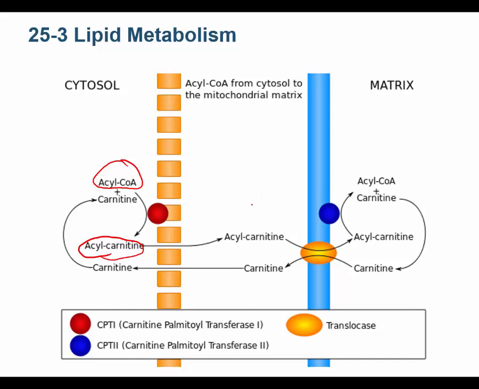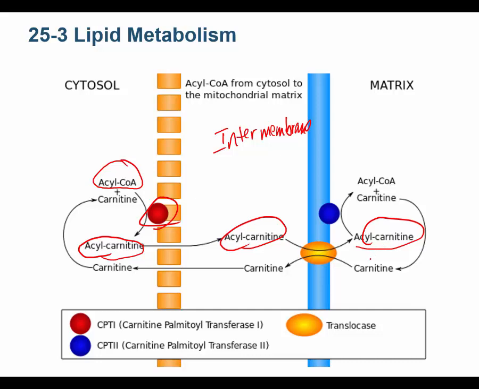Now, I have one transport molecule that gets it into the intermembrane space. This is the intermembrane space right here. And then I have another transport molecule that gets it into the matrix right here. So the acyl-carnitine gets into the matrix here.